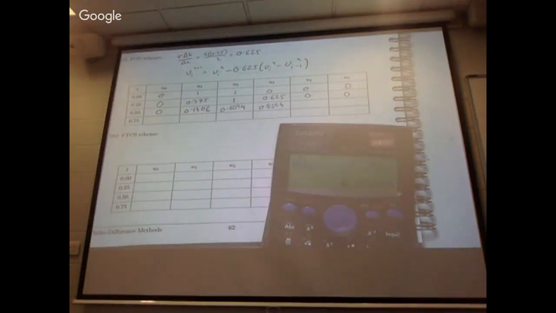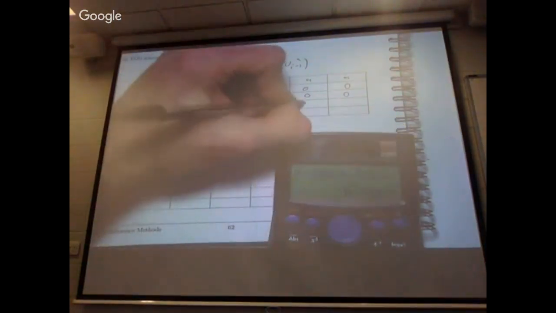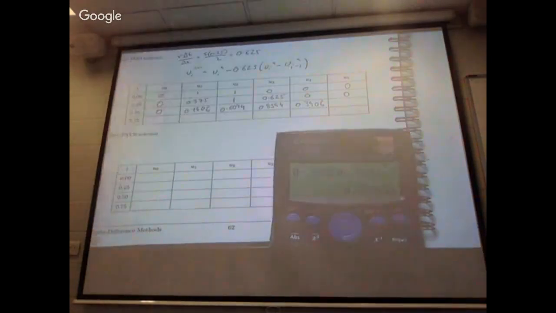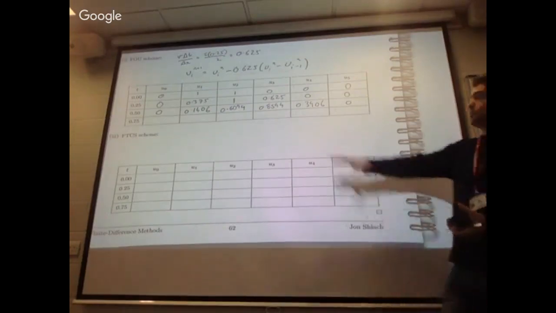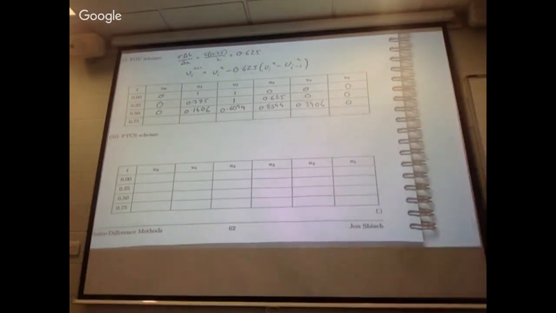0 minus 0.625 times 0 minus 1 gives 0.3906. And that's really 0. So you can see after 2 time steps, we're slowly propagating downstream. Okay, last one, might as well do it.